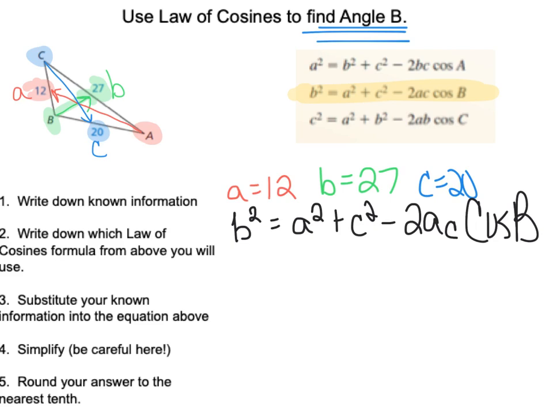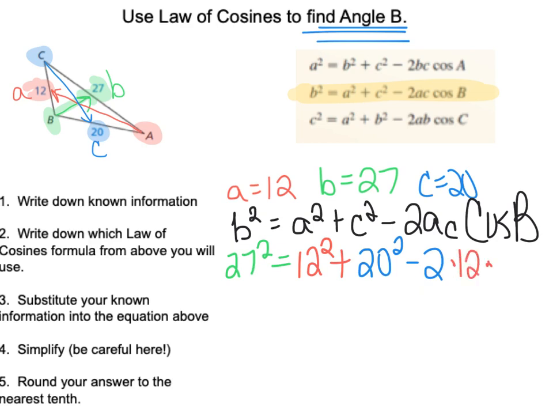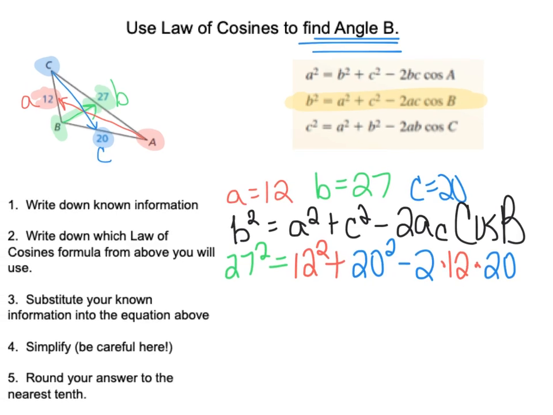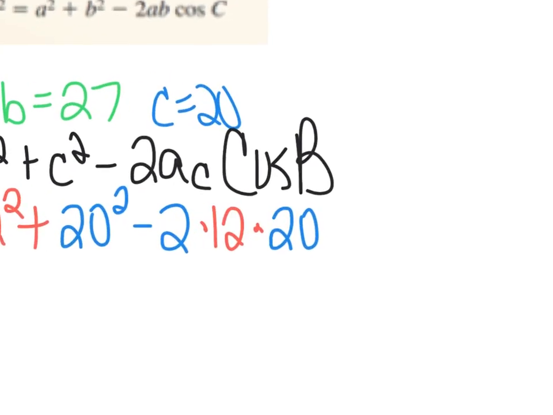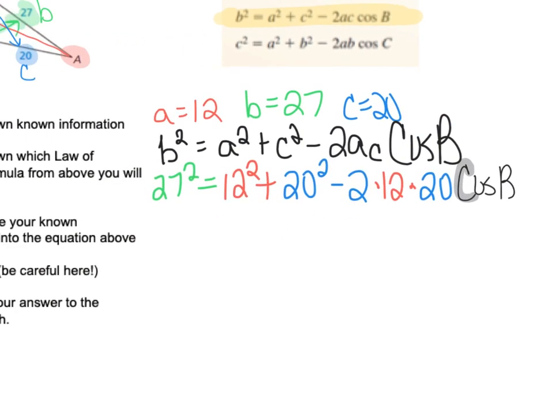I have B is 27, so I'm going to say 27 squared equals A is 12, so 12 squared plus C squared, well, C is 20 squared, minus 2A times C, which is times 12 times 20, times the cosine of B. Now we have our whole formula with all of our substitutions in it, and we just need to go ahead and evaluate all of those.